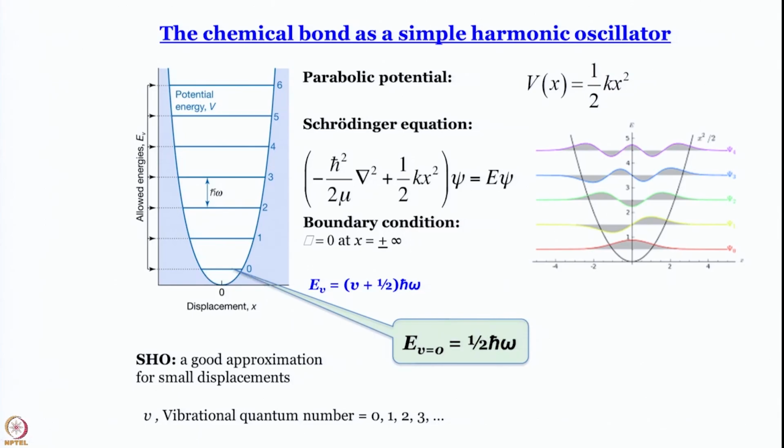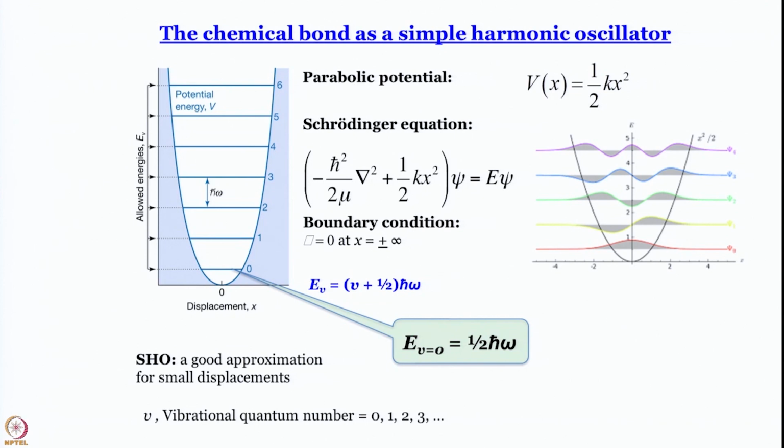This is a very major departure from a classical harmonic oscillator. A classical harmonic oscillator can actually be stationary. A quantum harmonic oscillator cannot be stationary. Why? Because if it does, then its position is determined completely, the uncertainty in position is 0. What is the position? x equal to 0, it will be in the equilibrium position.